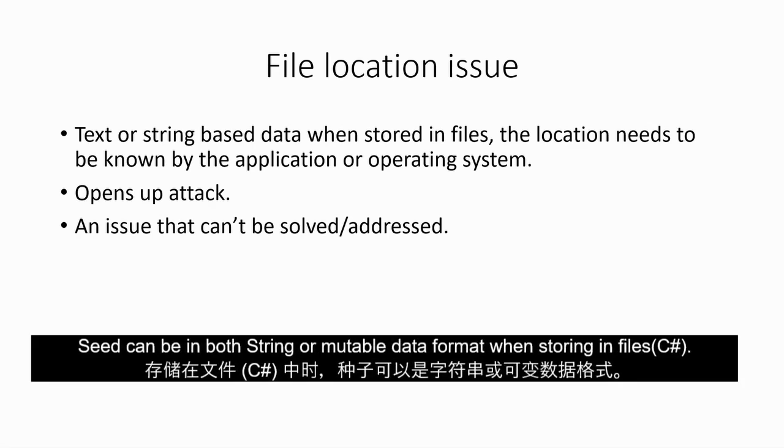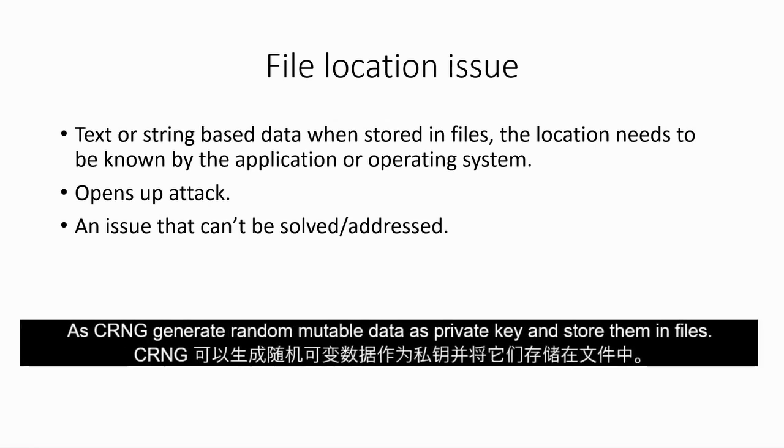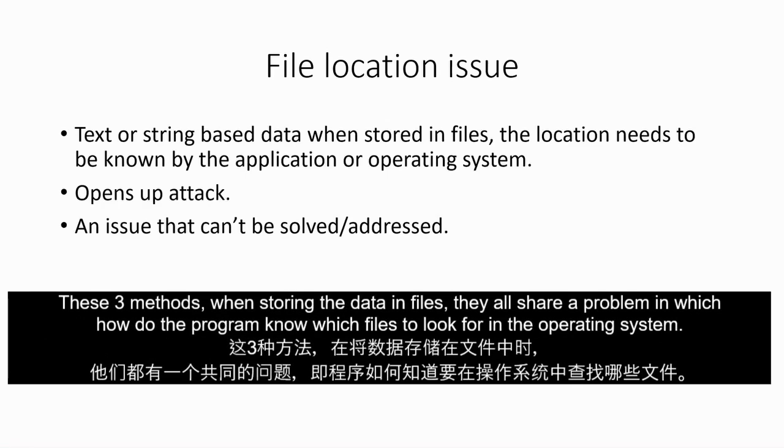Seed can be in both string or mutable data format when storing in files, as CRNG generates random mutable data as private key and stores them into files. These three methods, when storing the data in files, all share a problem: how does the program know which files to look for in the operating system?